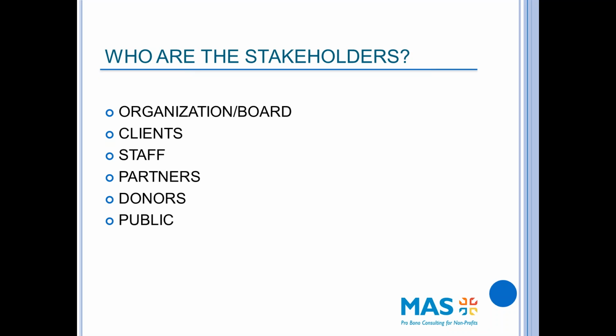It could have an impact on donors. It could have an impact on the general population, the public. So when you think about risks to the organization as we go through this, you need to think about who the stakeholders are, and bad things that happen to the organization or in the organization could have an impact on many of these stakeholders.